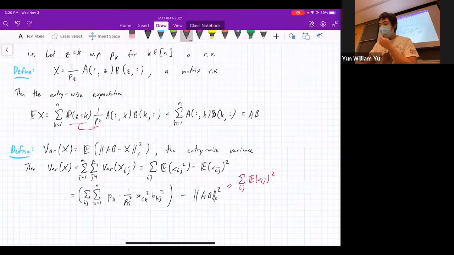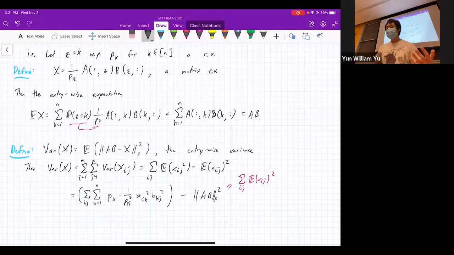Oh, okay. So what we were doing is defining this thing as the entry-wise expectation, right? The first thing we did, since it's the entry-wise variance, is break it up into all of the pieces. So the variance of X is the summed variance of all the individual entries of X. Oh, wait, did I write this down?